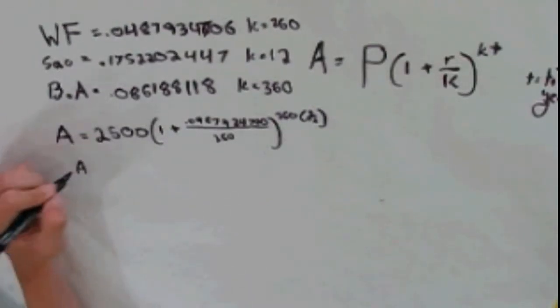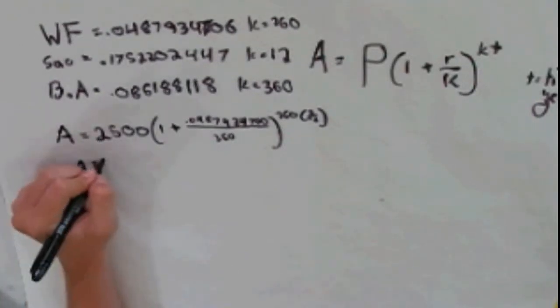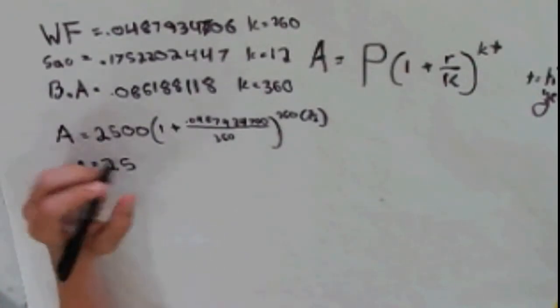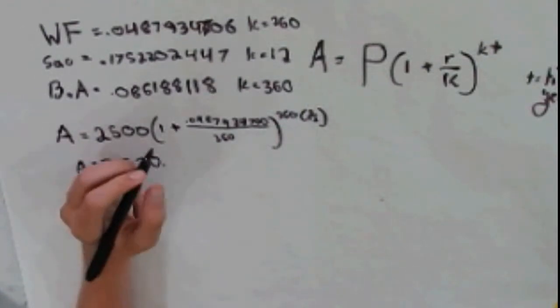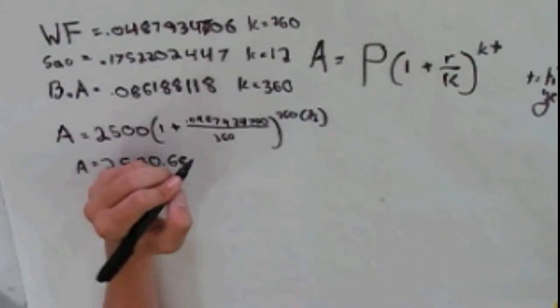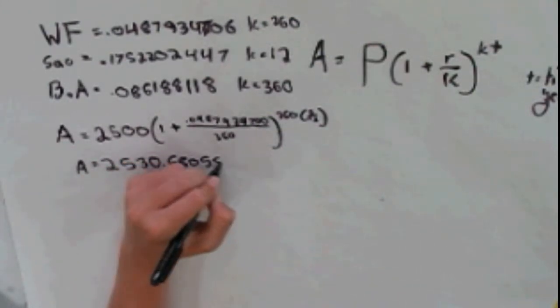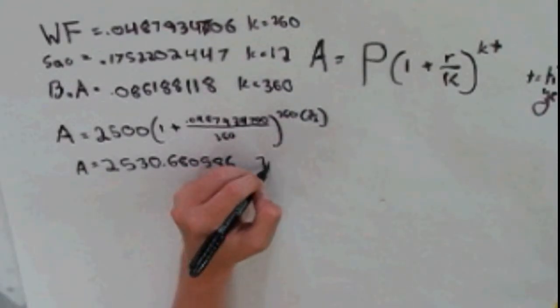And that equals, you put that into your calculator, you're going to get 2530.680586. So that's 3 months.